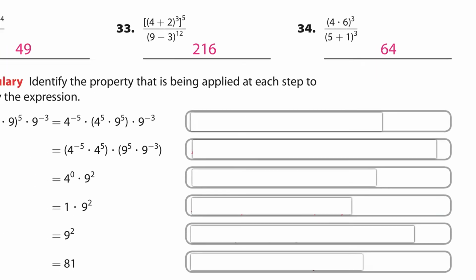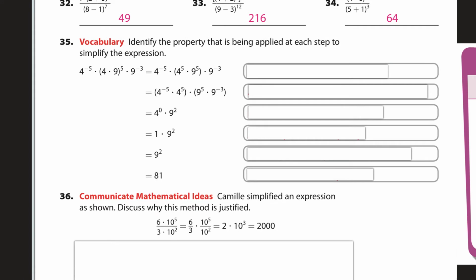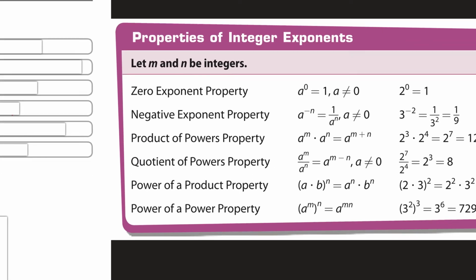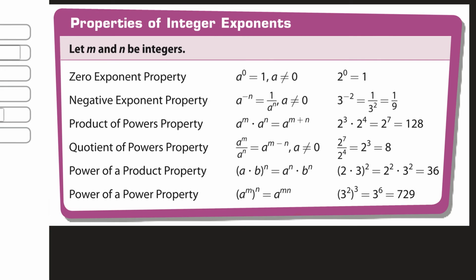Okay. So, vocabulary. Identify the property that's being applied at each step to simplify the expression. When they're talking about identify the property, in your textbook they have the properties of integer exponents on a previous page in the lesson. Zero property: any number to the 0 power is 1, for example 2 to the 0 is 1.